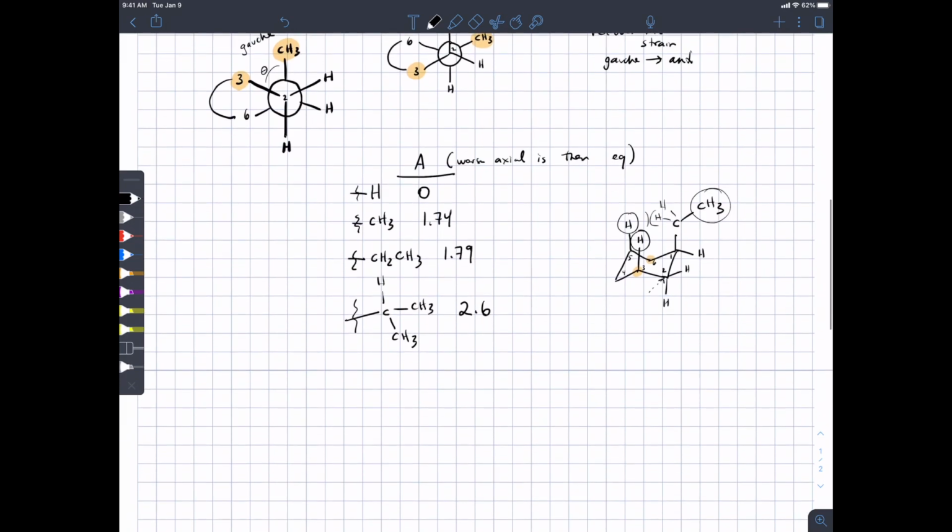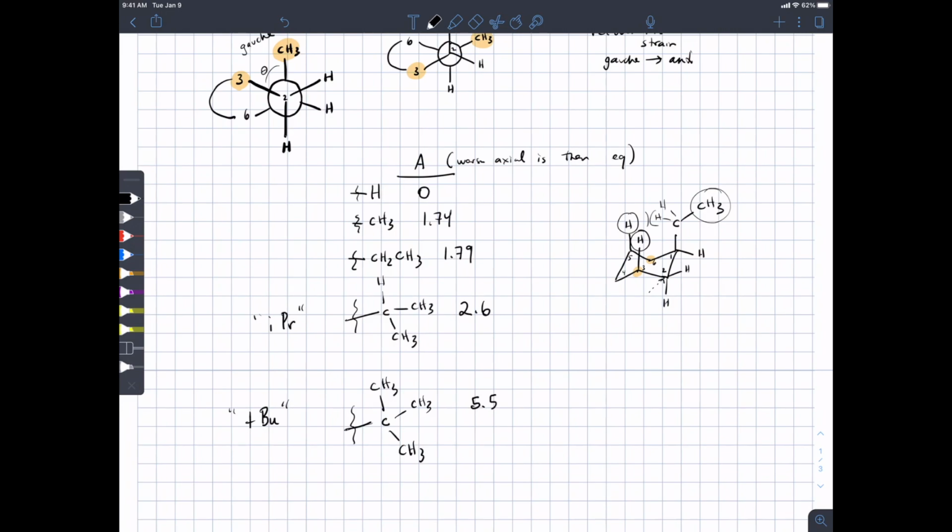And if the carbon attached to the ring is also attached to 3 other methyl groups, then you get to an A value of like 5 or 5.5, I think is what the table says. By the way, we call these substituents sometimes the tert-butyl or T-butyl group, and this one the isopropyl group.